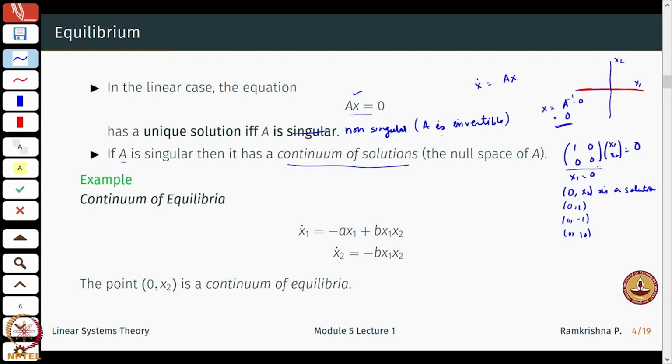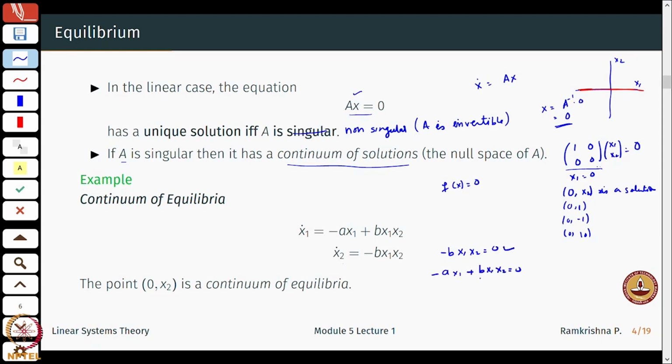This phenomenon can also occur in the nonlinear case. If I have a system which looks like this, x1 dot is minus a x1 plus b x1 x2, x2 dot is minus b x1 x2. I just look at the solutions of f of x equal to 0. The second equation gives me minus b x1 x2 is 0. The first equation is minus a x1 plus b x1 x2 is 0.